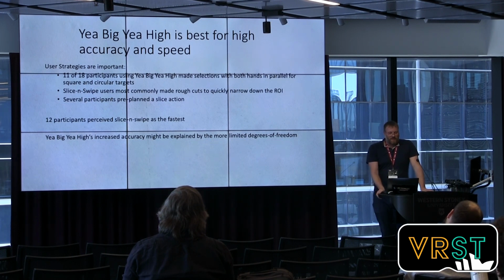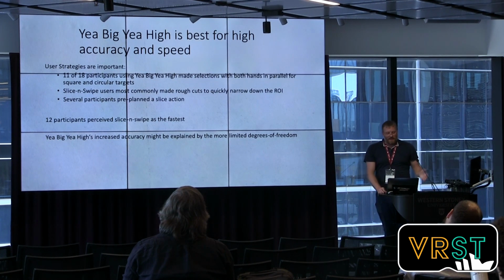For slice and swipe, we also noticed an interesting phenomenon. Participants would not try to be precise to begin with. They would just make large cuts to get rid of extraneous geometry, and then they would go back and make cuts that were much more precise to narrow in on the edges of the region of interest.